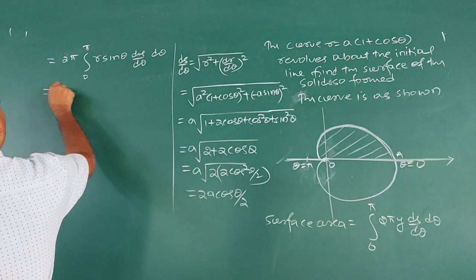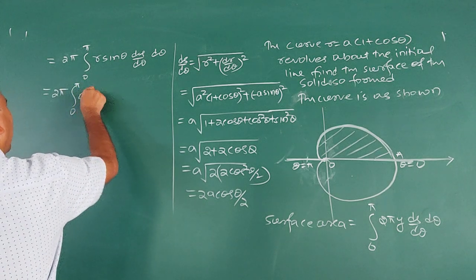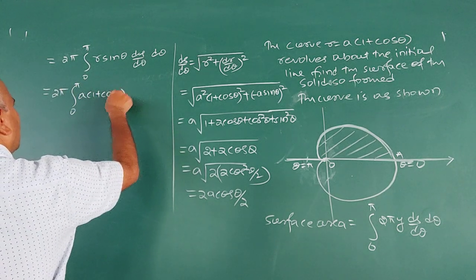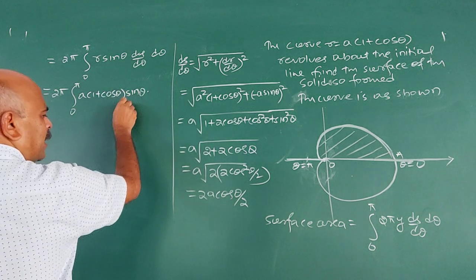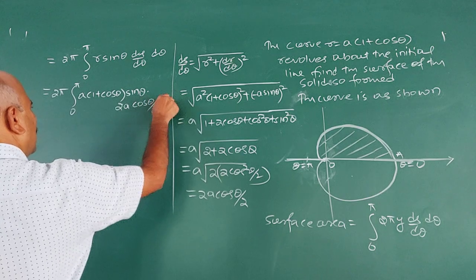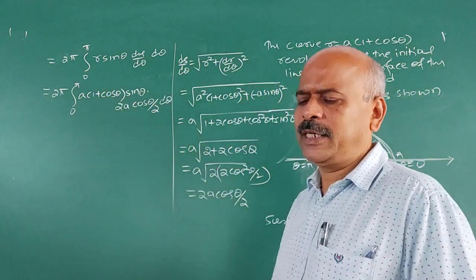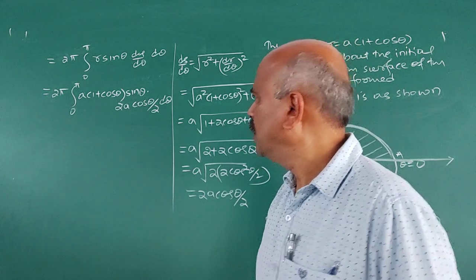So 2 pi integral 0 to pi, what is r? a into 1 plus cos theta, sin theta, ds by d theta is 2a cos theta by 2 d theta. Correct? a into 1 plus cos theta, sin theta, 2a cos theta by 2.